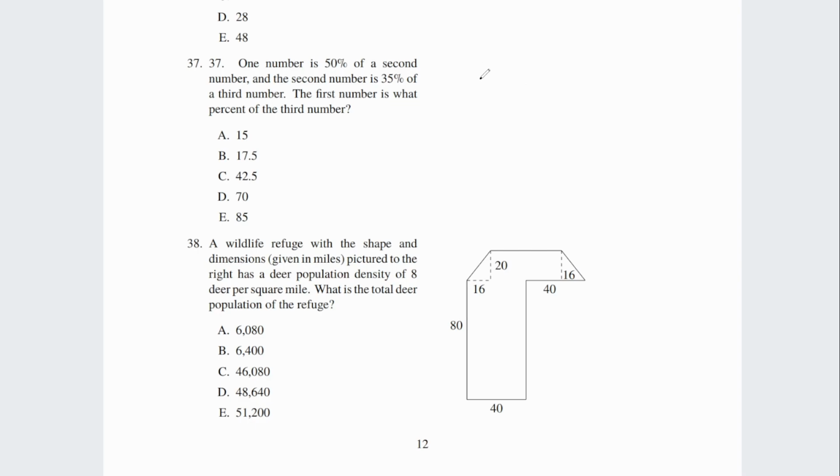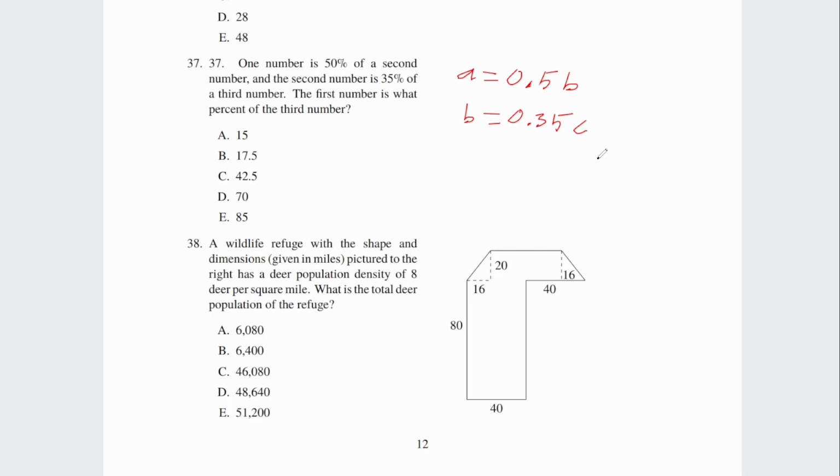If one number is 50% of a second number, then you could say that A equals 0.5 B, and you could say B equals 0.35 C. 35% of C is 0.35C, and that's what B is. 0.5B is half of B, 50% of B, which is what A is.